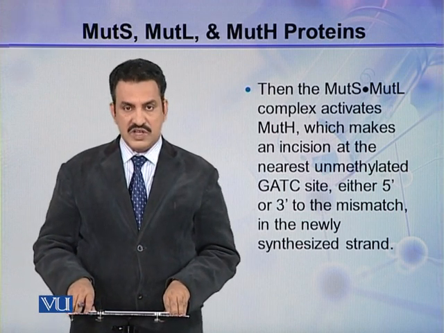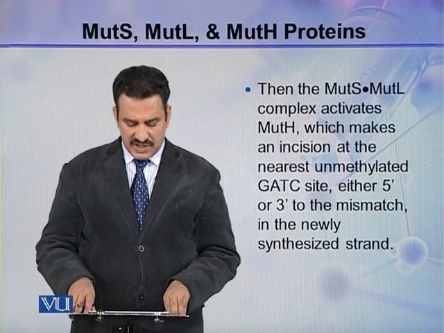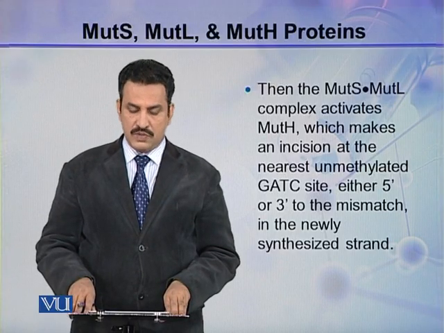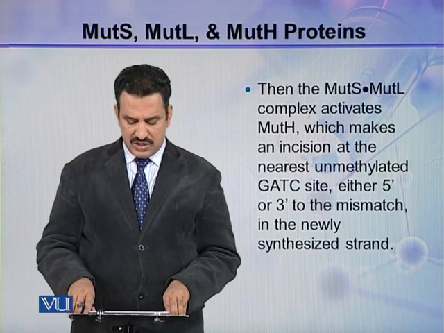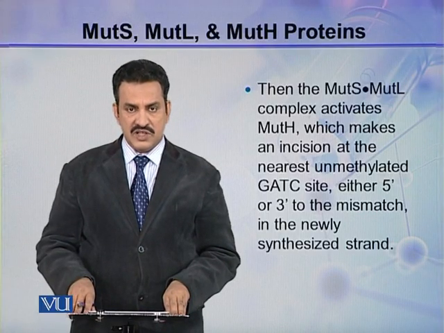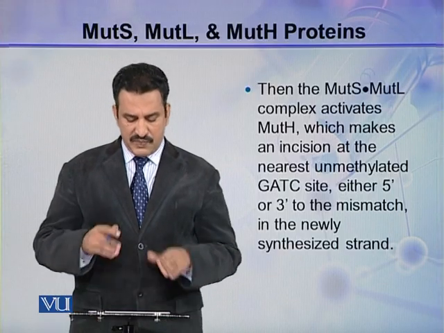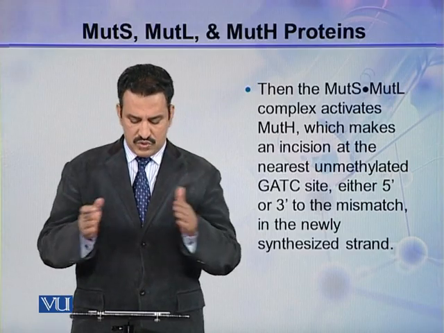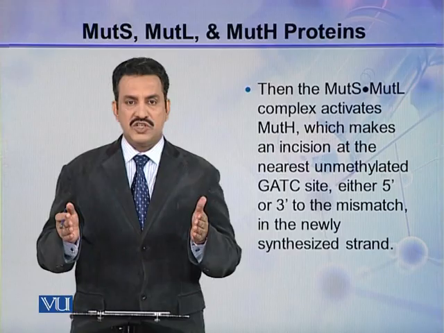Then the MutS MutL complex activates MutH, which is the third protein, which makes an incision at the nearest unmethylated GATC site, either 5' or 3' to the mismatch in the newly synthesized DNA strand.